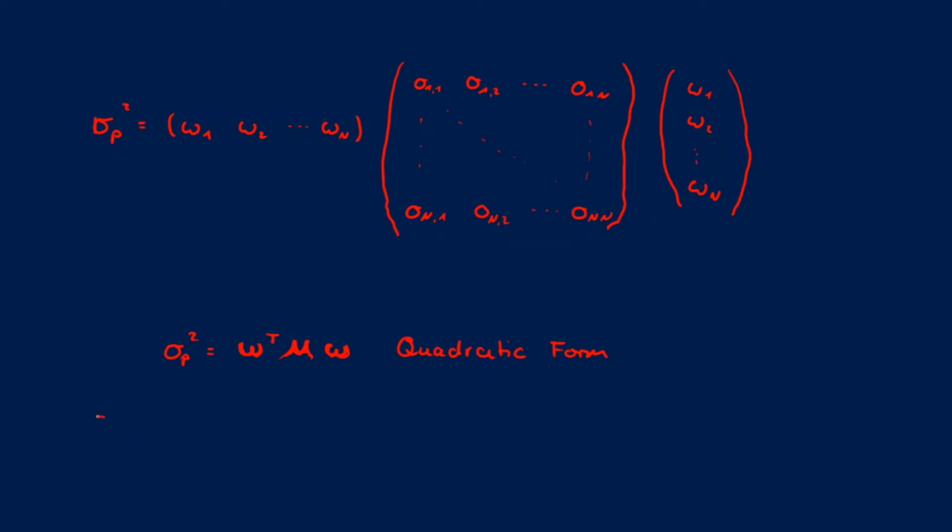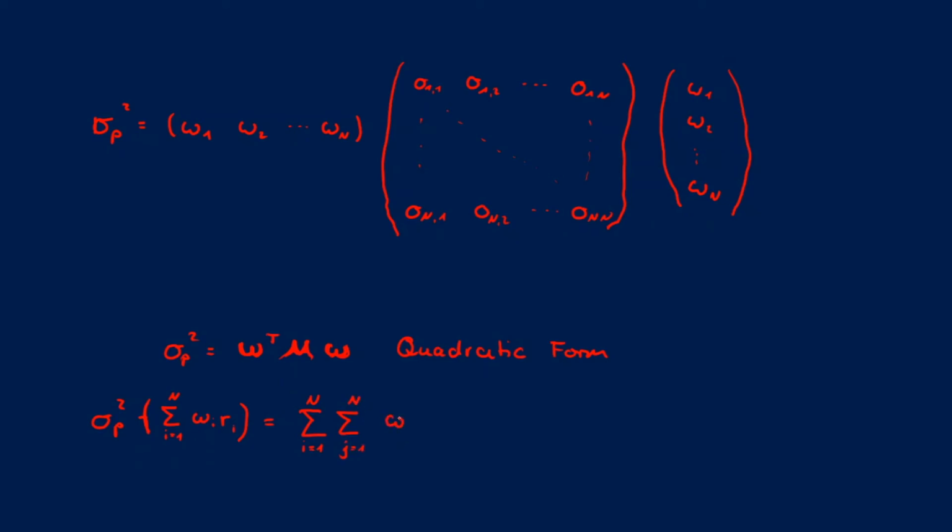If we like, we can write sigma squared p as the sum across all shares with their weights and their covariances. And we need 2 sum signs now: a sum i is 1 to n, and a sum j is 1 to n.